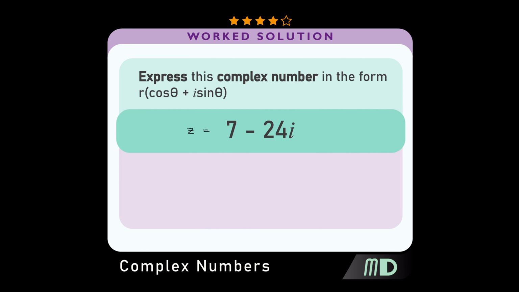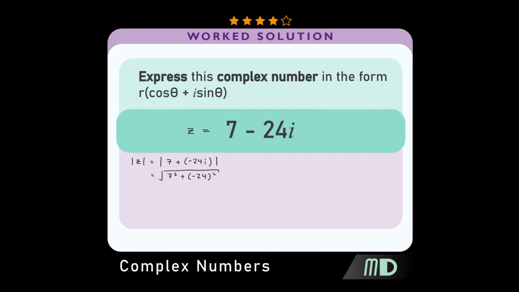The modulus of z is equal to the modulus of 7 minus 24i, which is equal to the square root of 7 squared plus minus 24 squared.